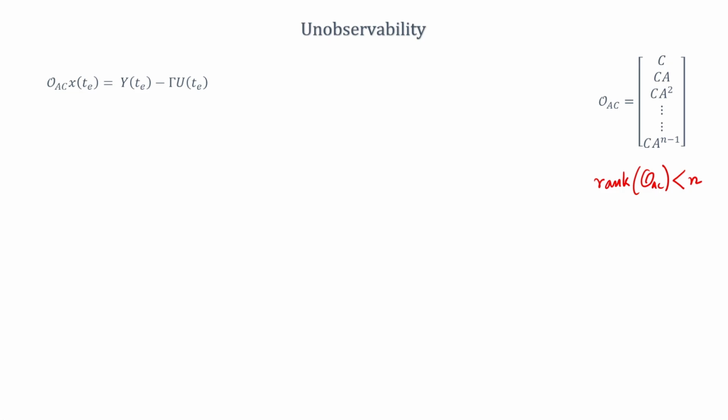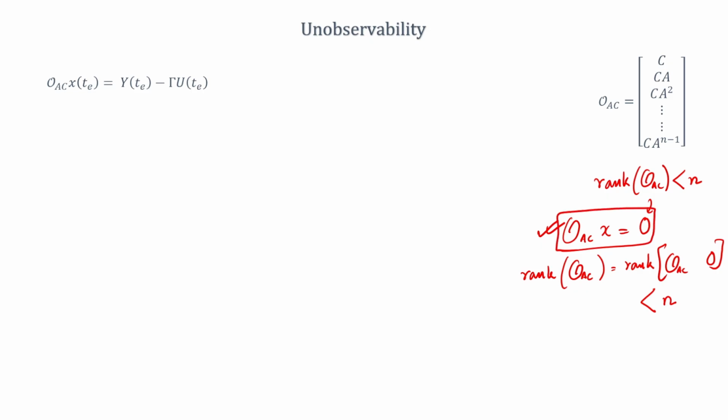Now notice this means that if I try to solve an equation of the form Ox equal to 0, then the rank of O is equal to the rank of the augmented matrix [O 0], which means that this set of equations will always admit a solution, and not only that, the rank is less than n, which means the set of linear equations of this form will always admit a non-unique solution.